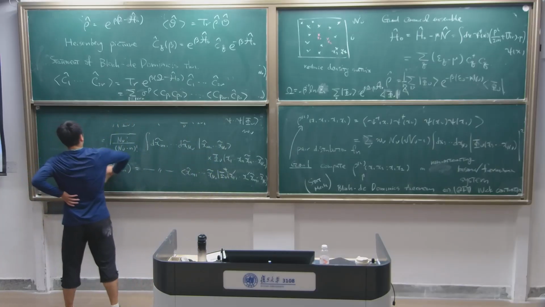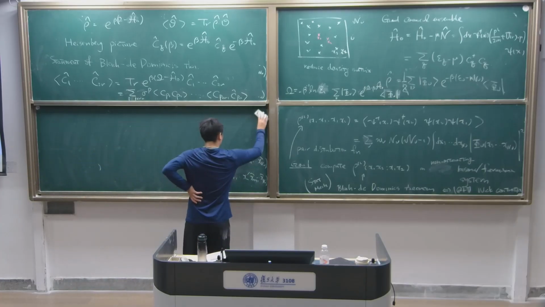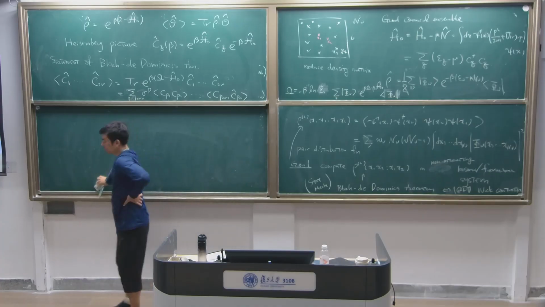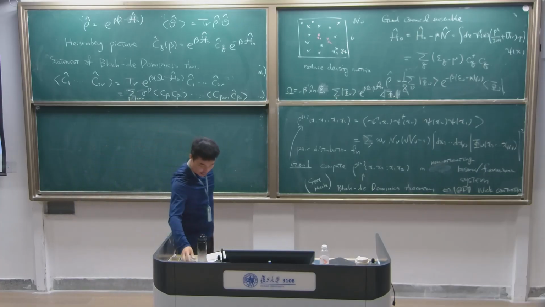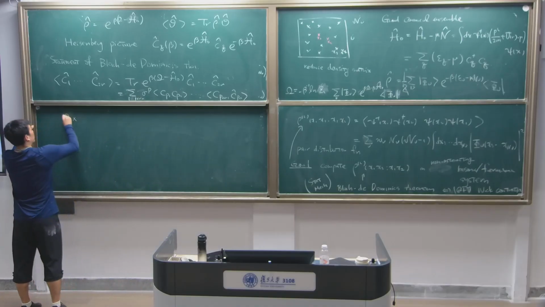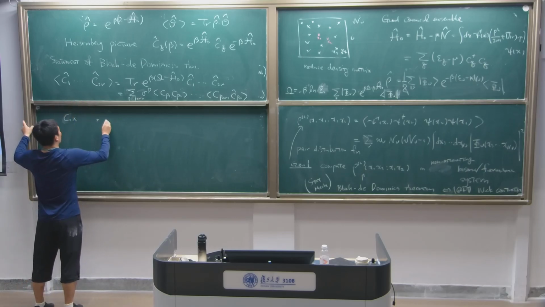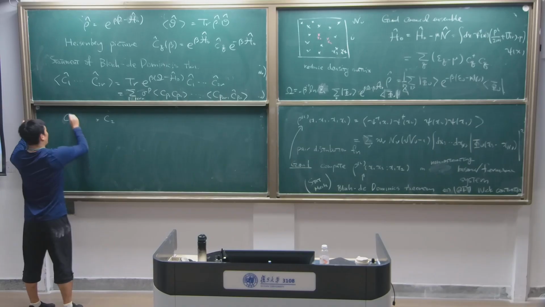Let's see what you mean. You can just consider it graphically. I am going to derive this theorem in the next lecture. You have operators C1, C2, C3, and C4, I don't know why I use C instead of O, but it's the same.